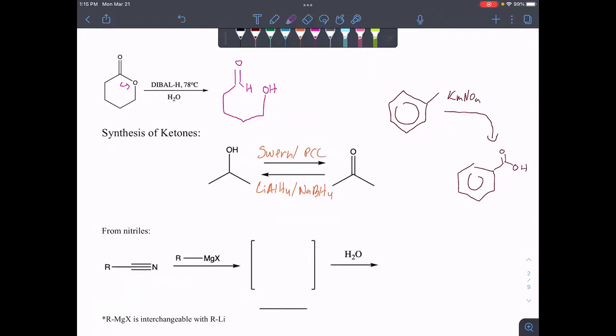Yeah, just for this specific type of methyl. It has to be attached to an aromatic ring. And I forgot to put this on the handout.